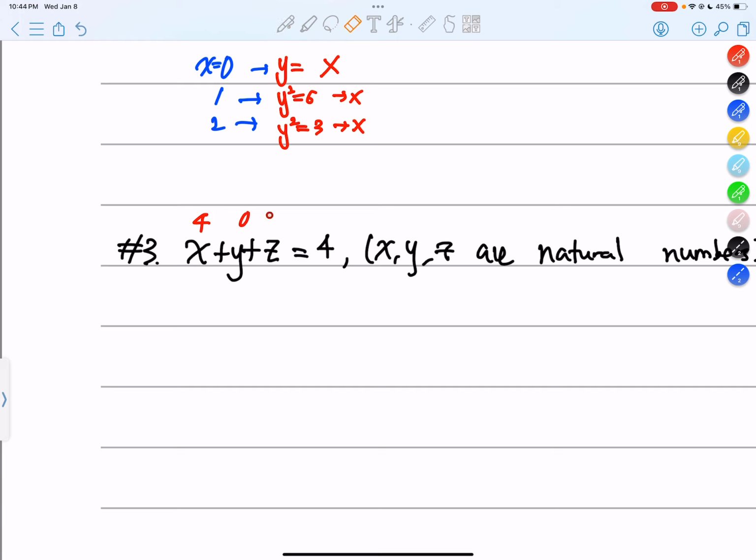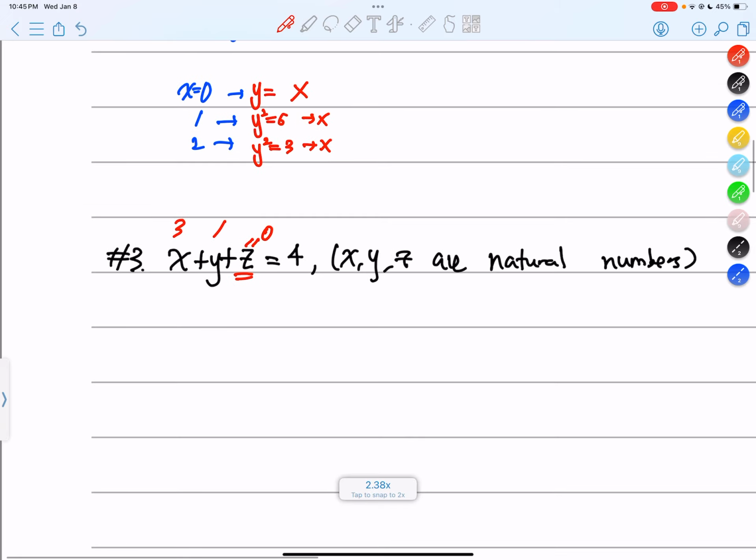And that goes not only for x but also for y and z. And so the highest that I can put in is 3? Well, if I put 3 in here, then one of them has to be 1, but then this has to be 0, and we said it's a natural number. It cannot be 0. So let me see. Then it has to be 2, 1, 1. That's the only possible option.